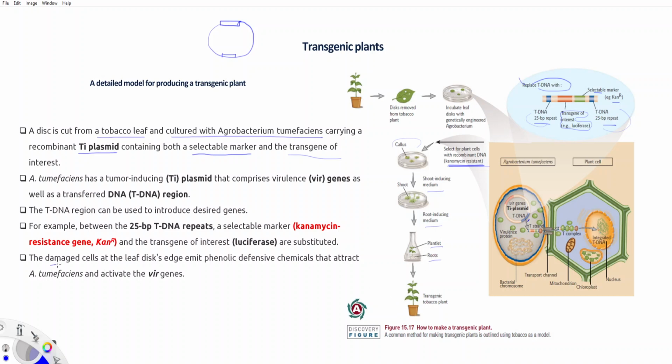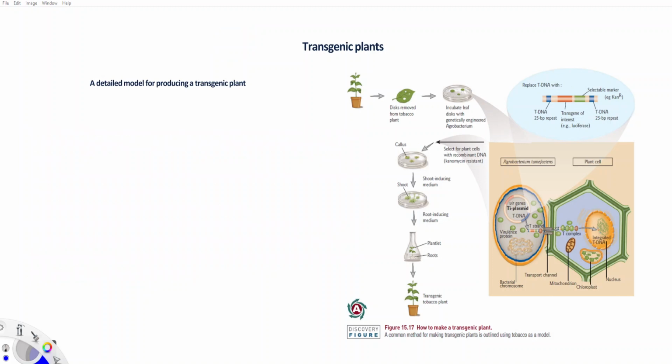Also, what we need to mention, which is important, the damaged cells at the leaf disc edge actually release what I spoke about earlier, phenolic defensive chemicals. And these phenolic defensive chemicals are going to attract your Agrobacterium tumefaciens to activate the virulence genes eventually.